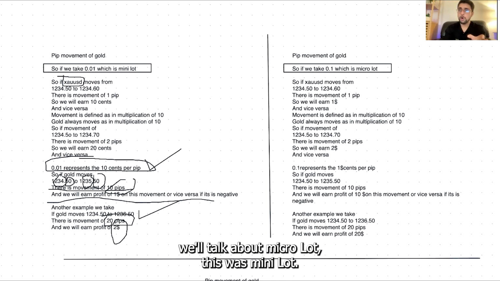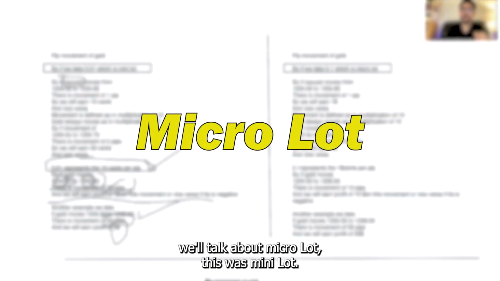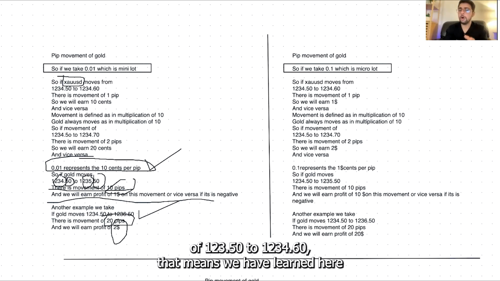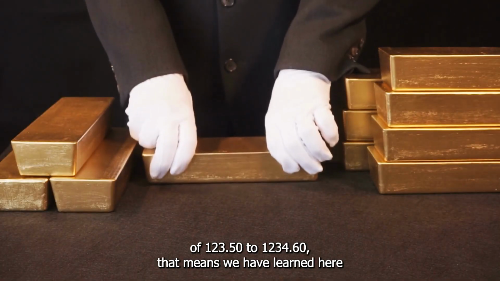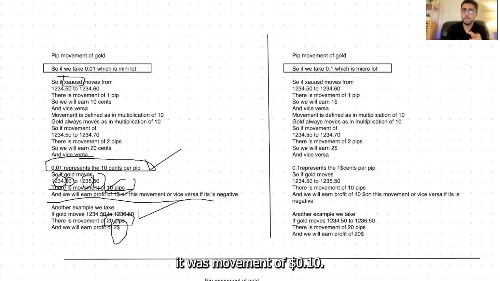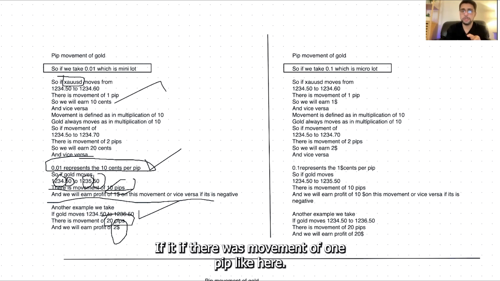Now we'll talk about the micro lot. That was the mini lot. Now we'll take an example with the micro lot. First of all, 0.1 refers to the micro lot. So in gold, if there is a movement from 1234.50 to 1234.60, that means there is a movement of 1 pip.